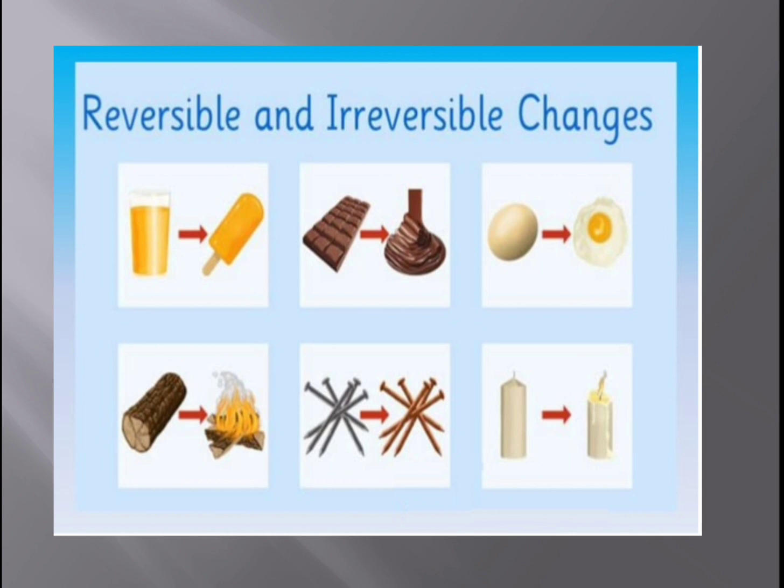So that is reversible. The ice cream also, if you keep it outside, it melts, and again if you place it in the freezer, it freezes, it becomes ice cream. Yes, that is reversible. Chocolate also melts when it is out there, when you keep it back in the freezer, it becomes solid chocolate, that is reversible.